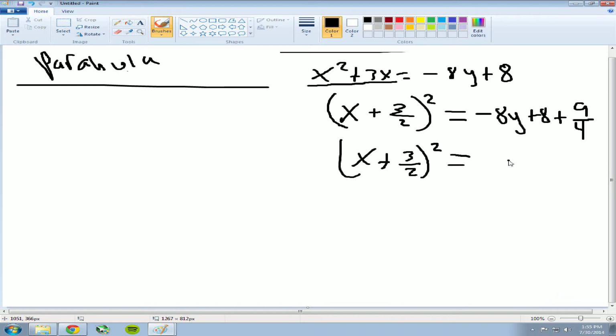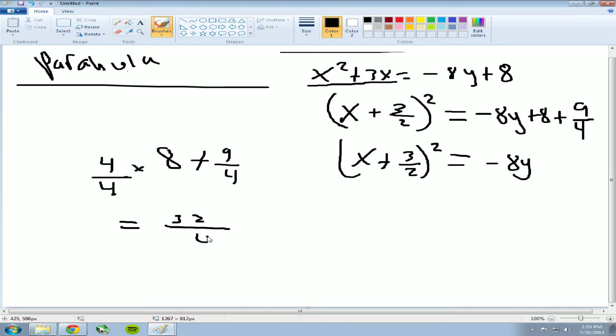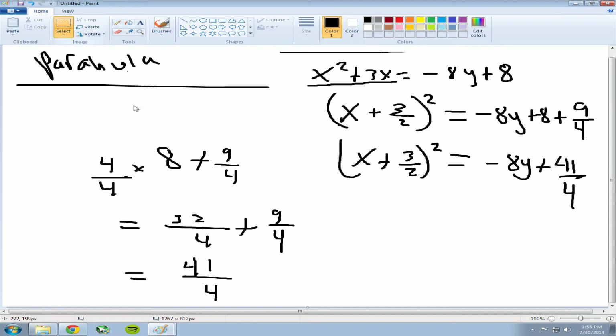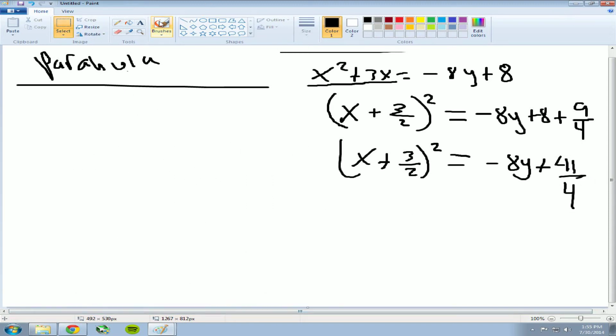Squared equals negative 8y, and to add these two, you need like denominators. So you have 8 plus 9 over 4. Multiply top and bottom by 4, you get 32 over 4 plus 9 over 4, which equals 41 over 4. And this is about to get really sloppy because of the random numbers I took.